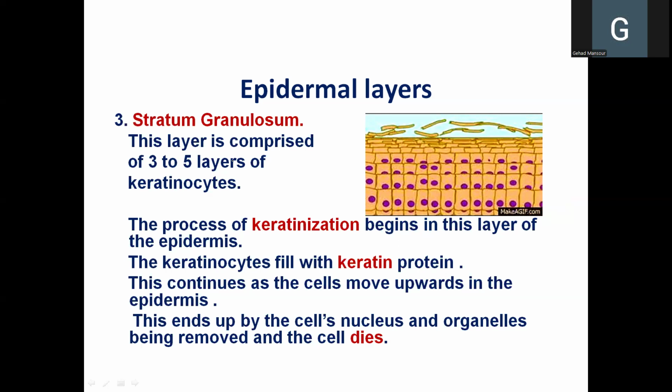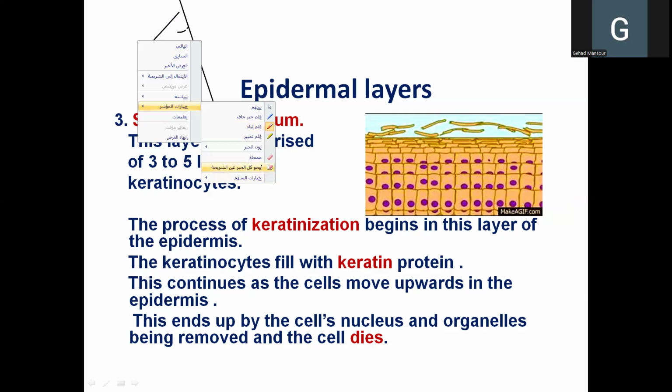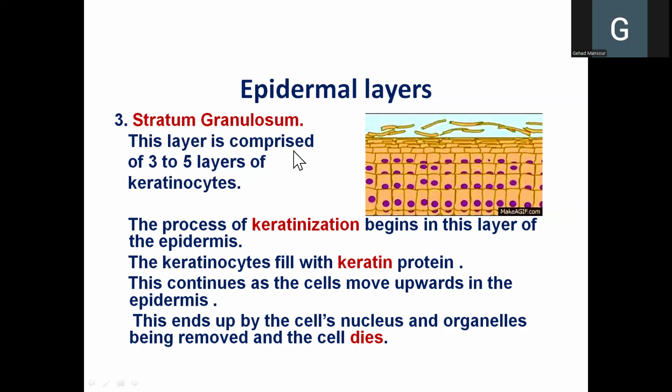They are keratinocytes, just like any other cells in the skin, but they are called granular cells because there are granules inside the cytosol. What characterizes the epidermal cell layers is that the process of keratinization begins in this layer.